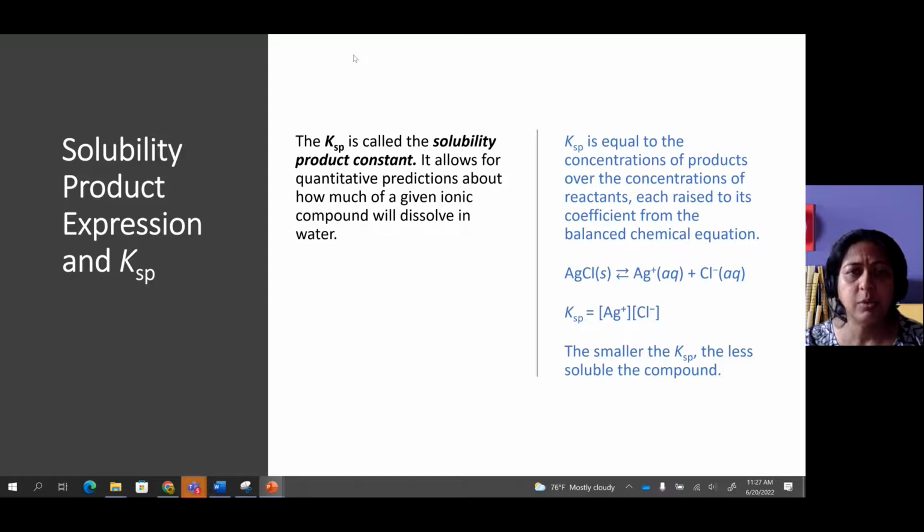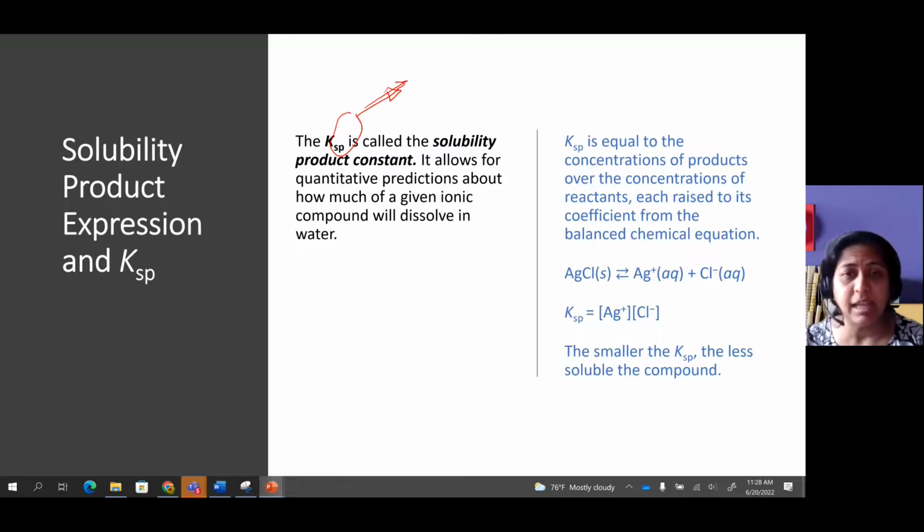The magnitude of the Ksp tells us how much this compound is going to be soluble in water, whether it is a highly soluble product, slightly soluble, or hard to make soluble. We get all this information from the magnitude of the Ksp.